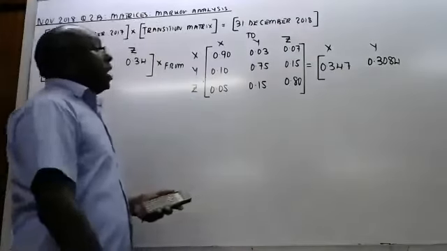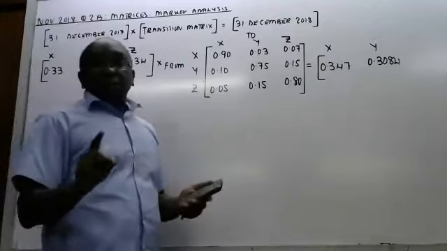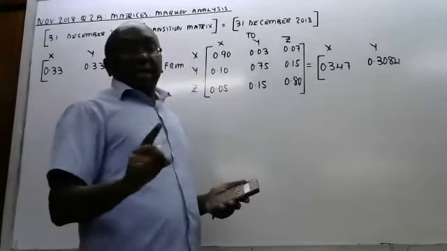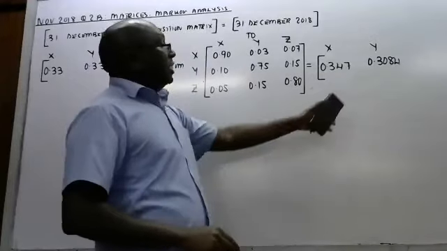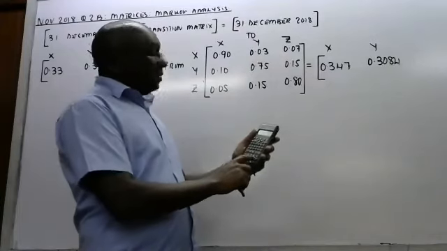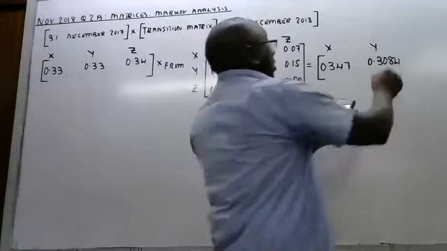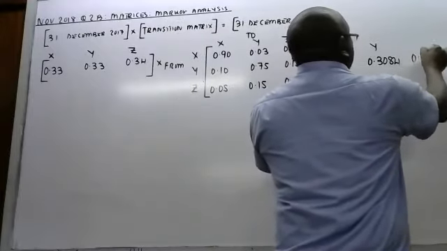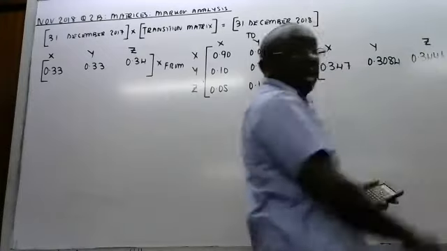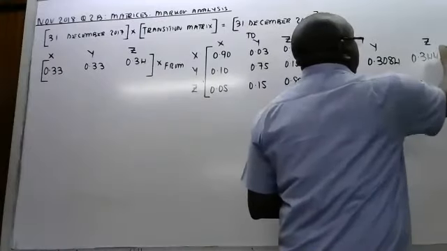Then you take the last one. And because of ensuring that they add to one, it will be better now you say 1 minus 0.347 minus 0.3084. That would be the sure way of ensuring that we add to 1.